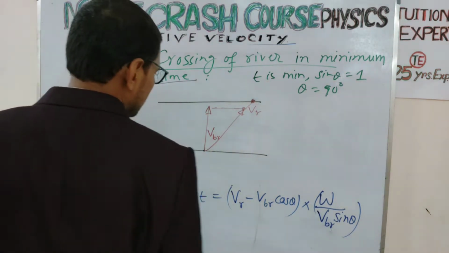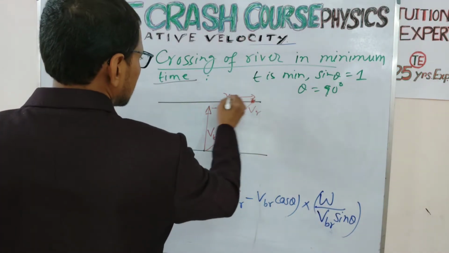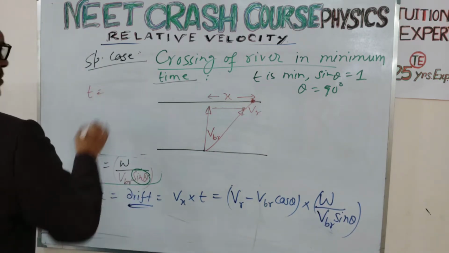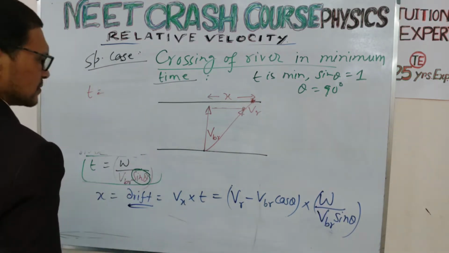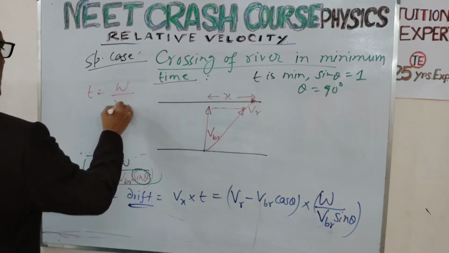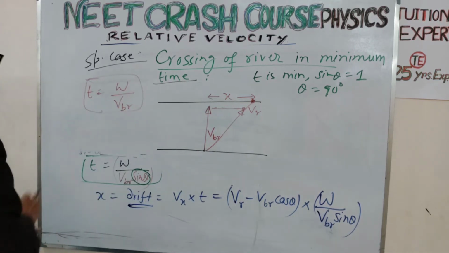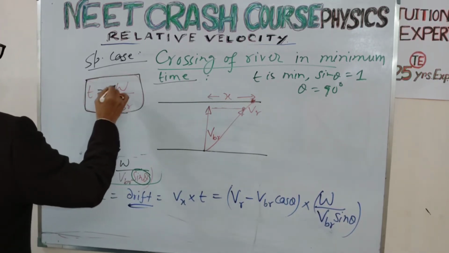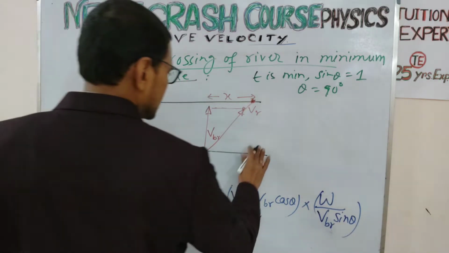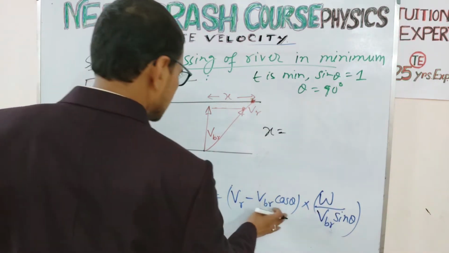Now from the figure, what are the drift and the time taken? T equals W by VBR, since sin theta equals 1. So the time taken equals W by VBR. And the drift x equals, what is x?